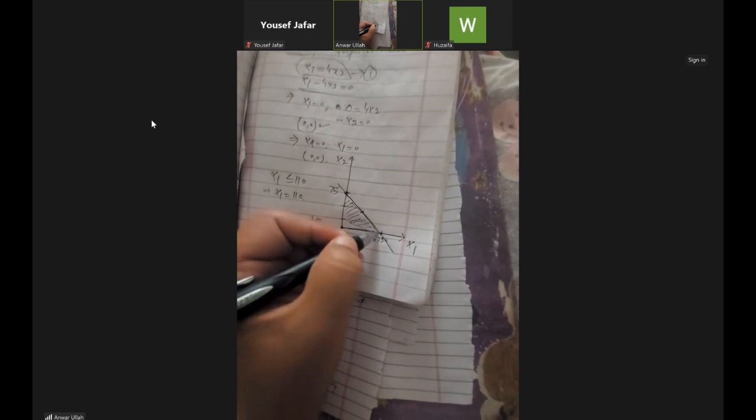Now putting x2 is equal to 0, we get x1 is equal to 150. So this is somewhere 150, and we connect these 2 points. So the solution is lying somewhere over here, and the optimal solution may be anywhere above this line. You see it?